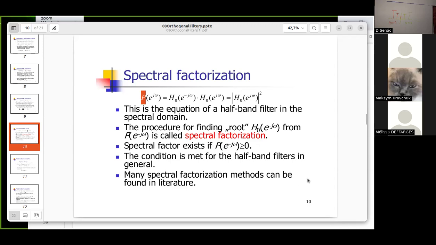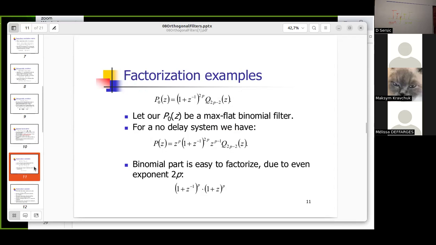There are many spectral factorization methods in the literature, but altogether we don't care. Why? Because we started with a very simple way of construction. We are designing our filters, so we know the roots of the filters, and we know in advance how to split them up to get the spectral factorization, to get the root factors of our system.